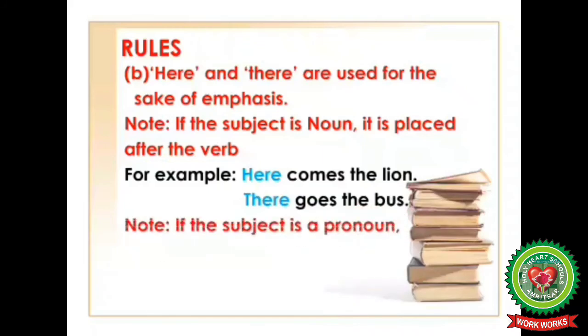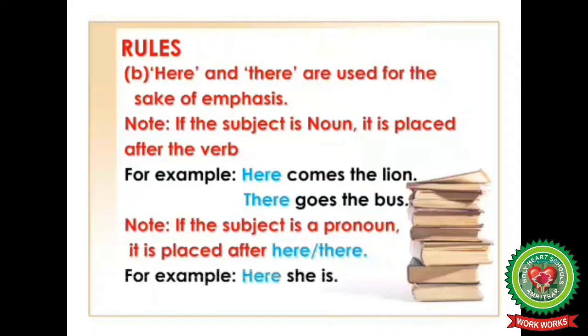But if in case the subject is a pronoun, that is he, she, it or they, then the subject is placed just after here and there, that is adverbs of place. For example, here she is.